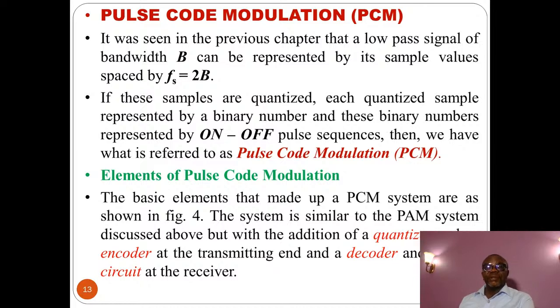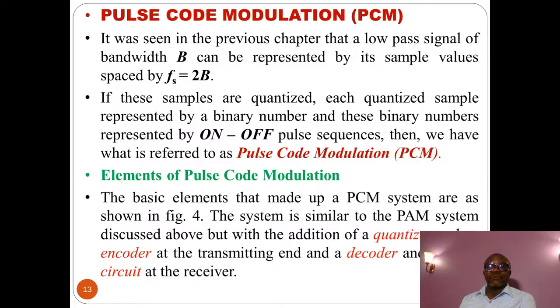Now, we come to the main thing we are doing today, which is pulse code modulation, otherwise known as PCM. It was seen in our previous lectures that a low-pass signal of bandwidth B can be represented by its sampled values spaced by fs = 2B.